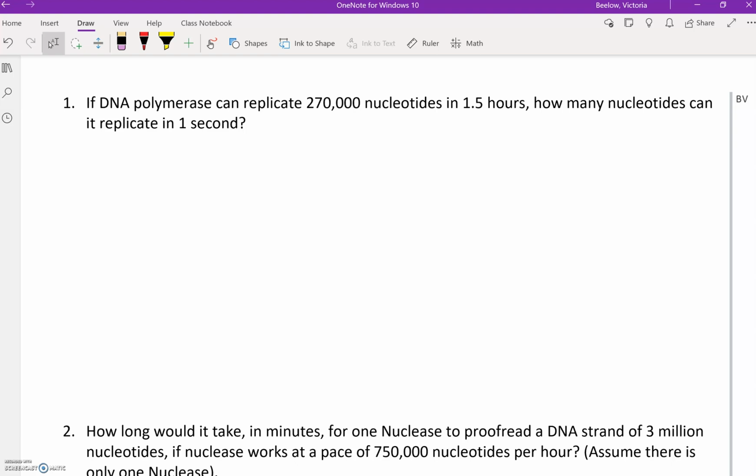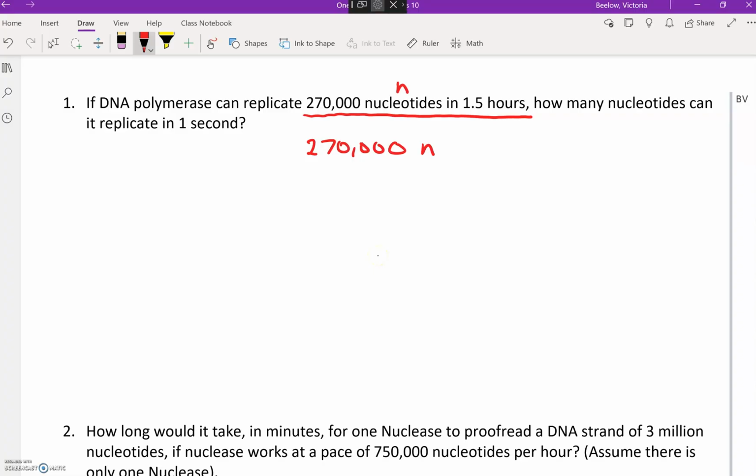So the problem says, if DNA polymerase can replicate 270,000 nucleotides in 1.5 hours. Right there, this is one of those equalities that I'm getting from the word problem. I'm just going to use N as my unit for nucleotides. I know it seems weird to see nucleotide as a unit, but you can have any type of unit.